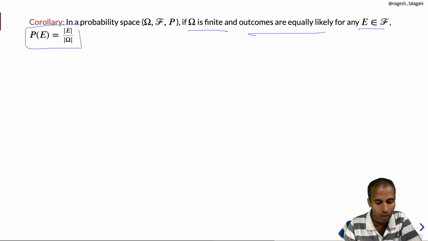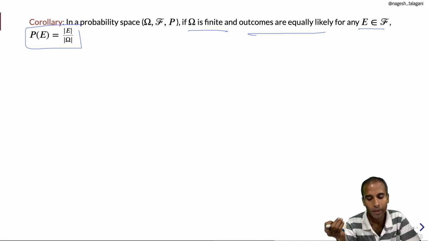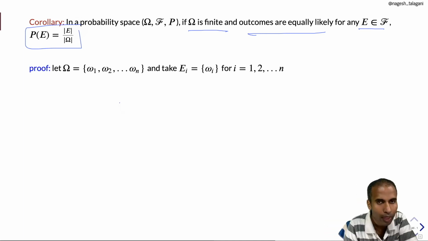Here omega is finite, meaning total possible outcomes are finite, and outcomes are equally likely. Outcomes are equally likely means singleton events, also called elementary events, are equally likely.